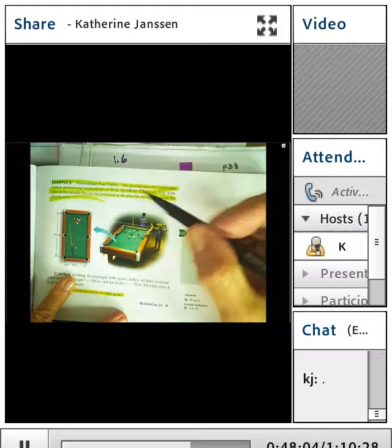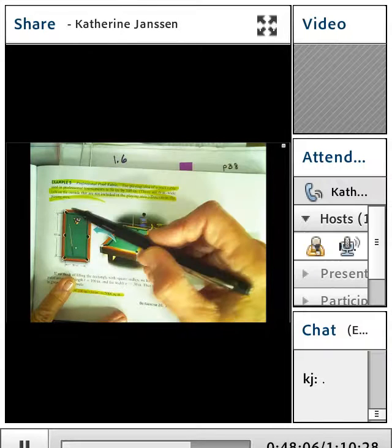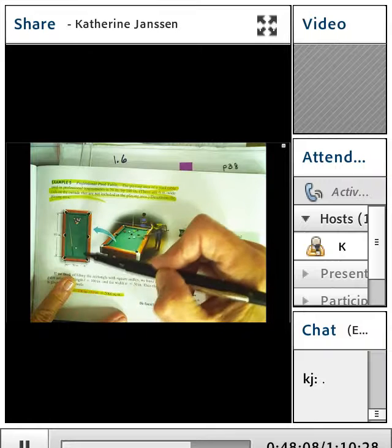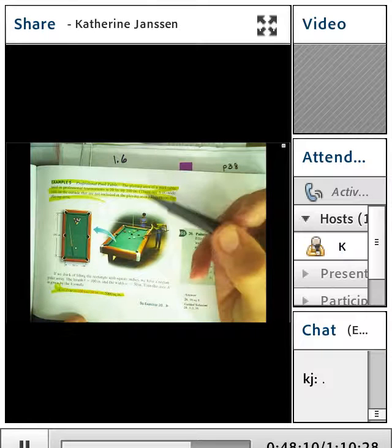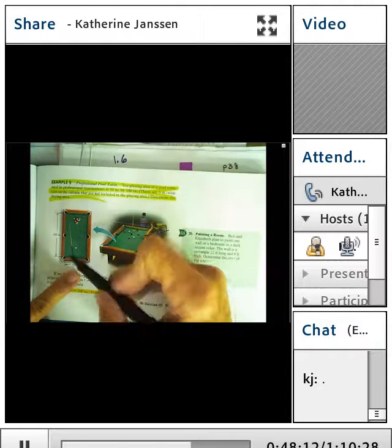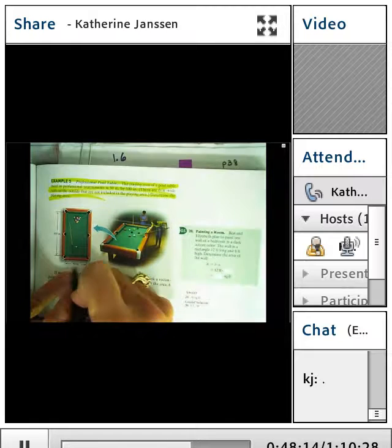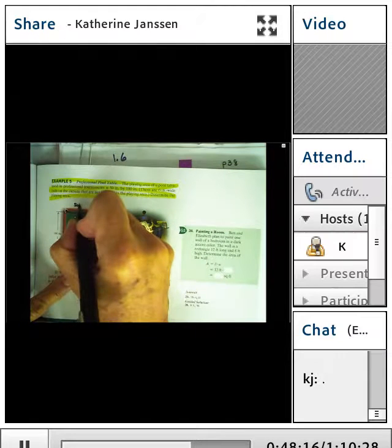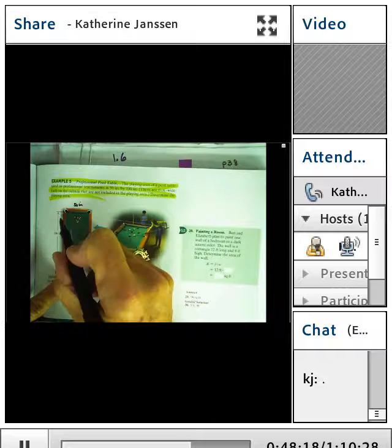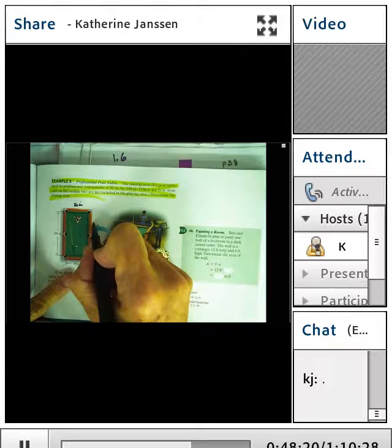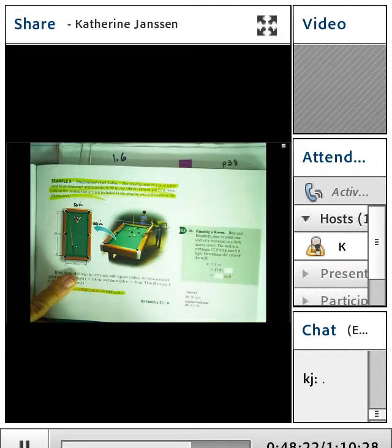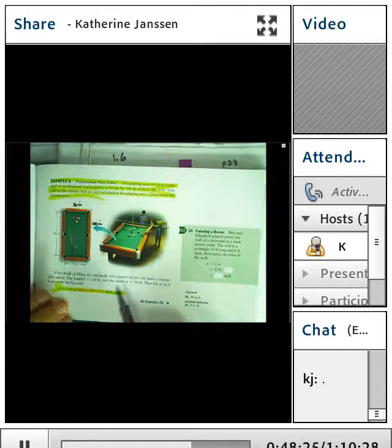Determine the playing area. Now we're talking about the area of the object. It's a rectangular object, so we have a width of 50 inches and a length of 100 inches.